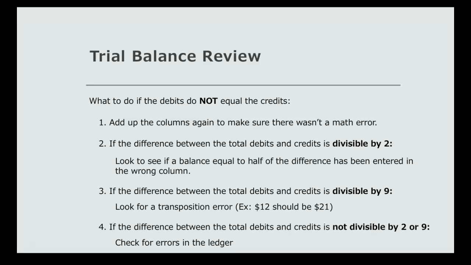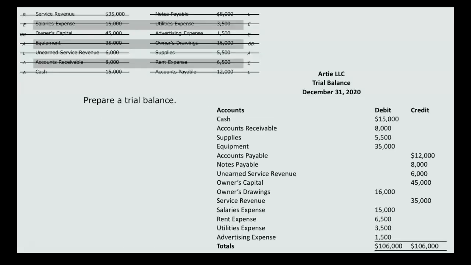There's going to be a bunch of different numbers there. So we prepare a trial balance because it's going to make preparing financial statements so much easier, right? Rather than looking through all of the different pages of a ledger for the different balances, you can just look at a trial balance and see all of the balances of your accounts.